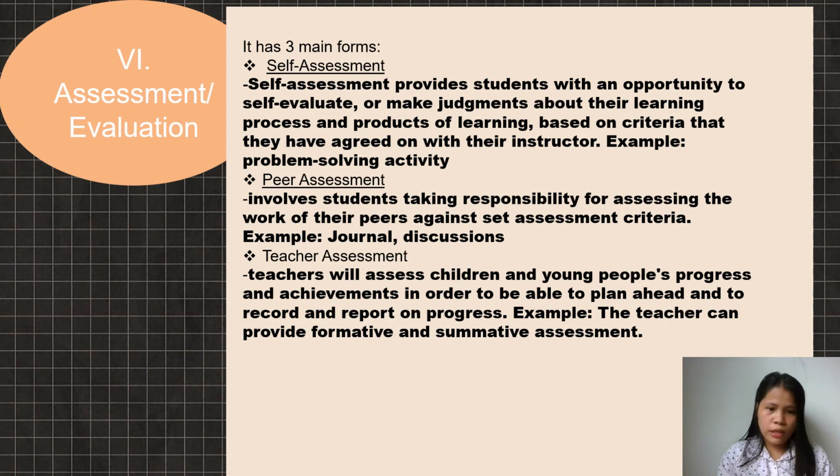Next is teacher assessment. Teachers assess children and young people's progress and achievements in order to plan ahead and to record their progress. For example, the teacher can provide formative and summative assessment to their students.